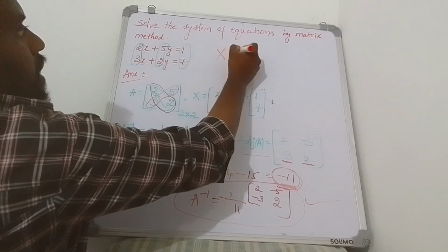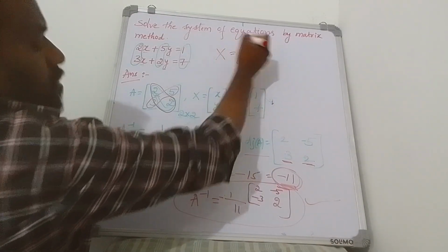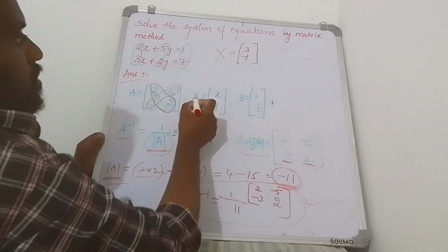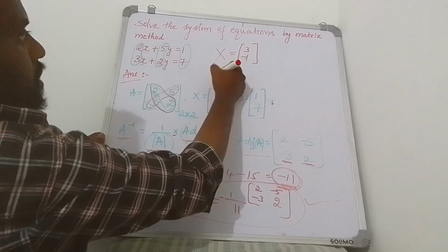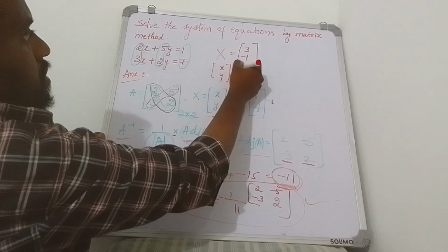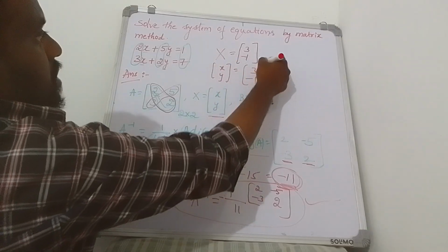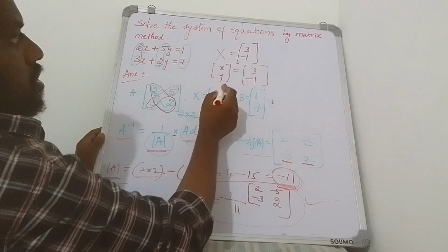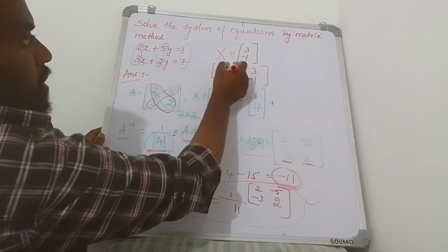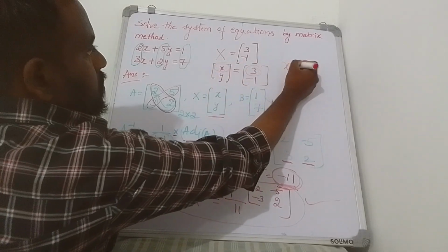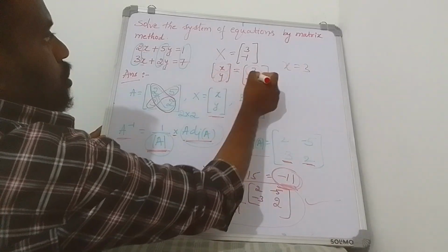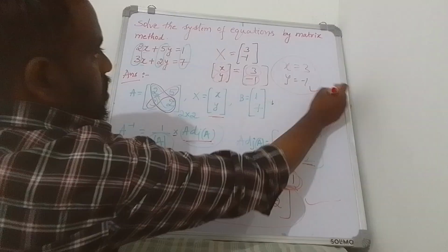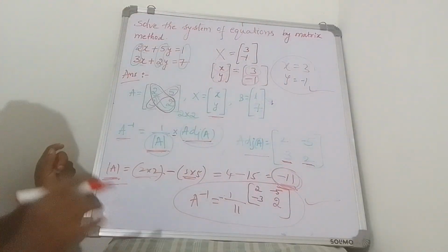So we got X is equal to 3 comma minus 1, right? I will substitute here. x, y is equal to 3, minus 1. Just compare. Here the equality sign is there, so both sides should be equal. That means x is equal to 3. Then y is equal to minus 1. So this is the answer. x is equal to 3, y is equal to minus 1.